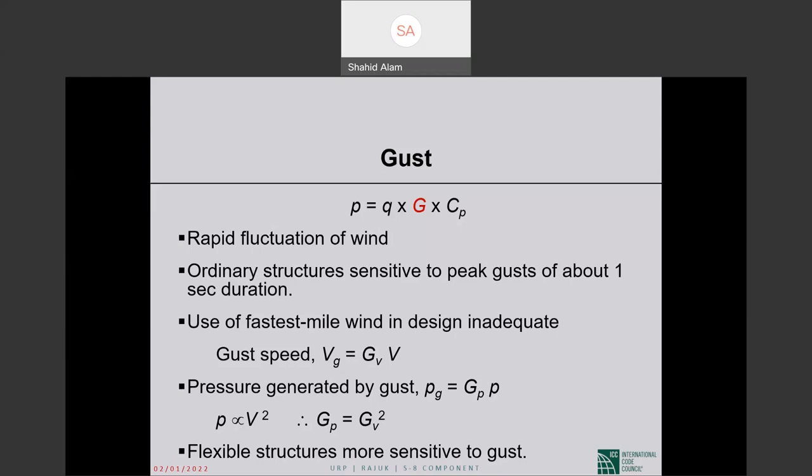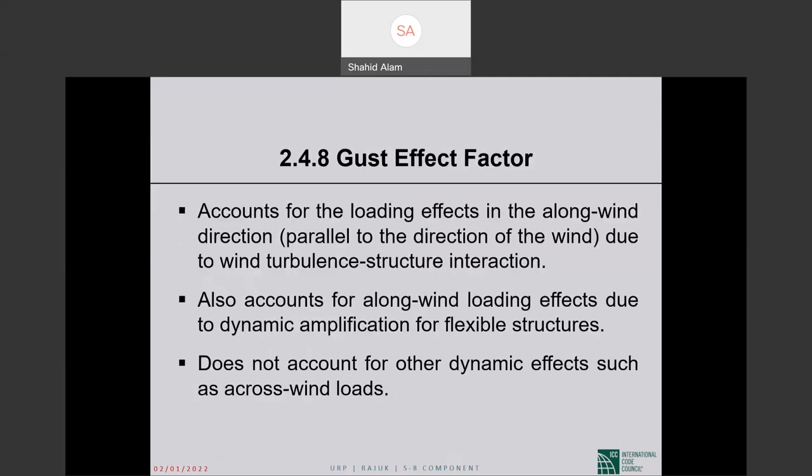But the idea of the gust effect factor is still valid, that we go from the averaging time to the gust duration to which a building is sensitive. So the gust effect factor accounts for the loading effects in the along-wind direction due to wind turbulence-structure interaction.